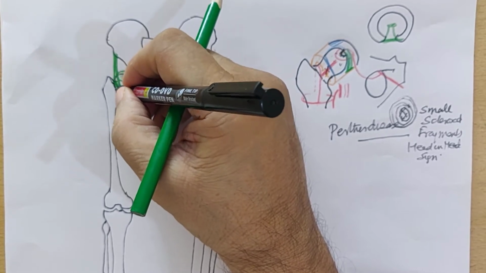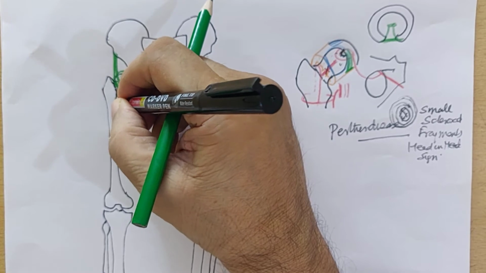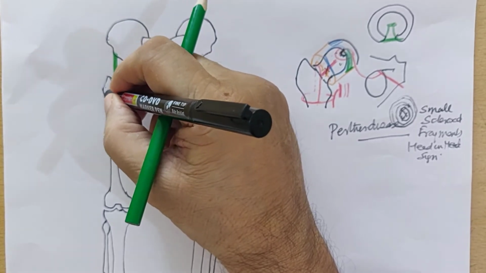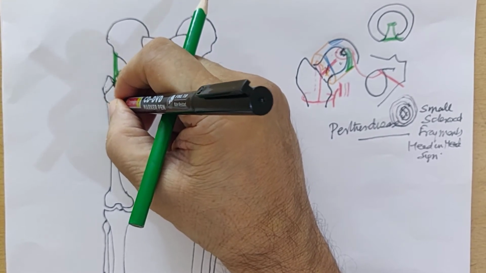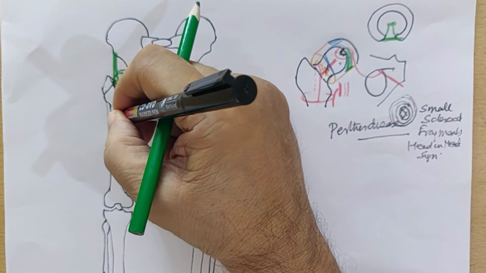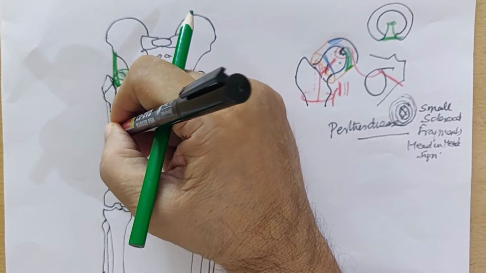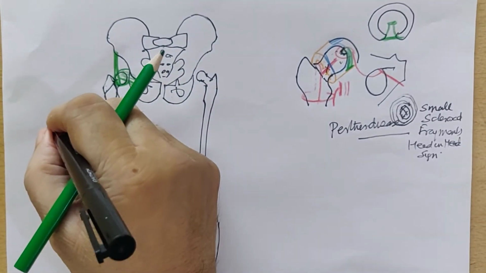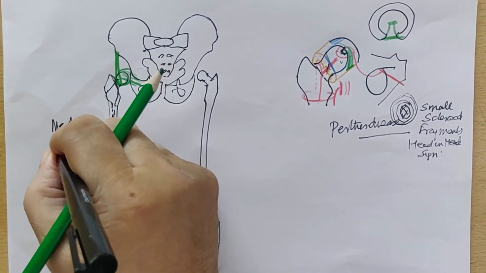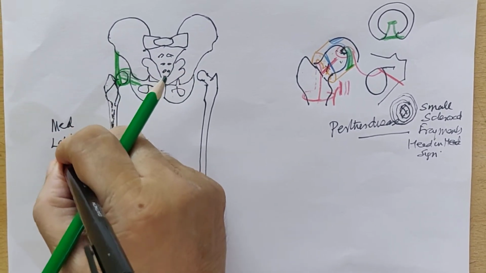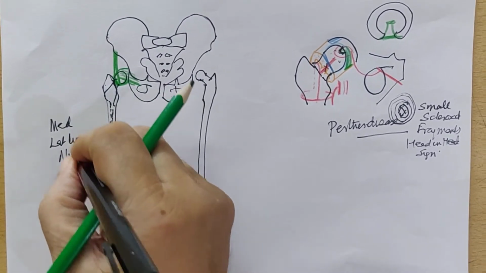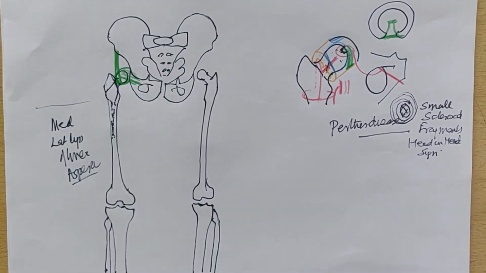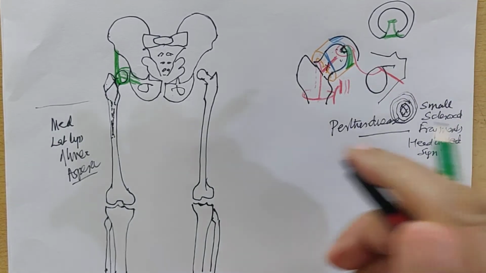So this intertrochanteric line spirals around like this, and there is a subtrochanteric line which spirals around like this, forming the lateral and the medial spiral line, and they form on the posterior surface of the femur the medial and lateral lips of the linea aspera.